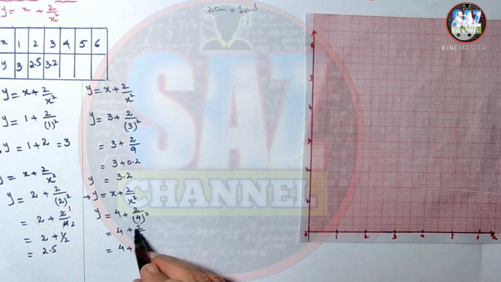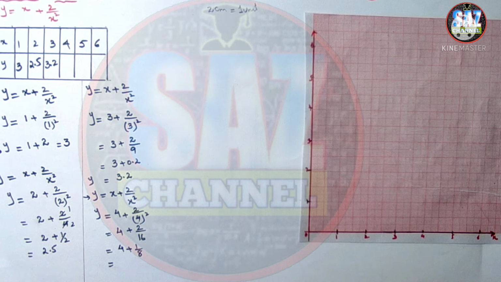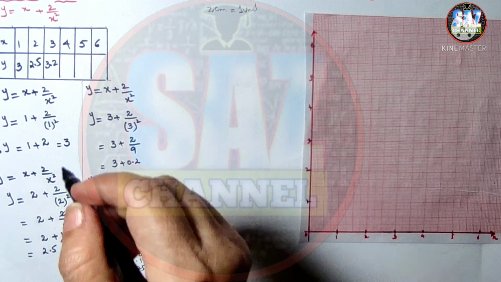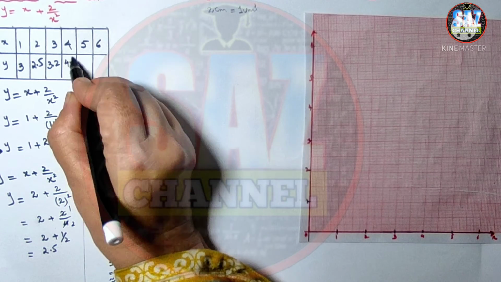Let me check 1 by 8 in decimal: 1 divided by 8 is 0.125. 4 plus 0.125 is 4.125. For the plotting purpose I can take it approximately as 4.1, so this value is 4.1.